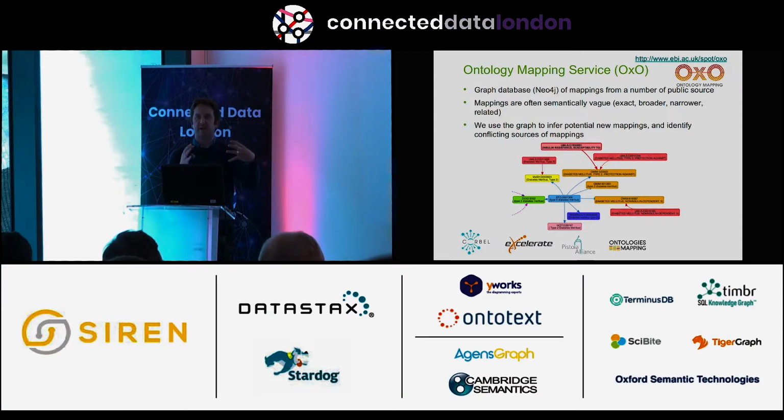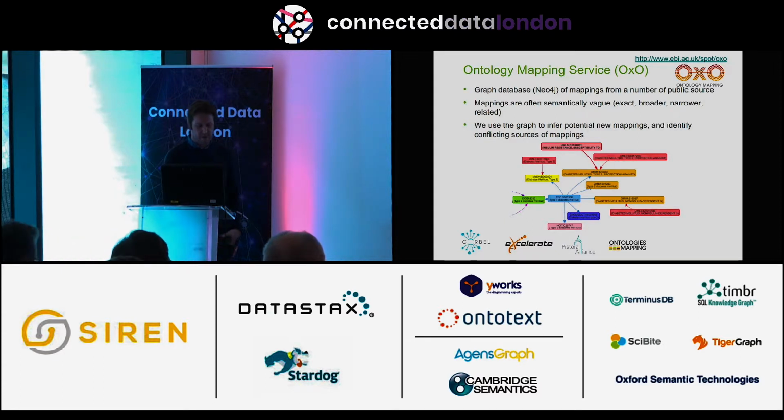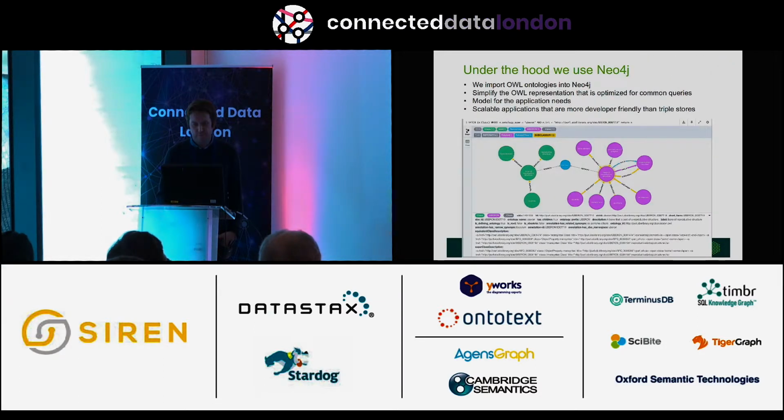When you start to see these big clusters around generic concepts like cancer, then you have lots of things potentially mapping to that, and that's probably some indication that these aren't true exact matches. So really the OxO service is just about serving up those mappings to users.